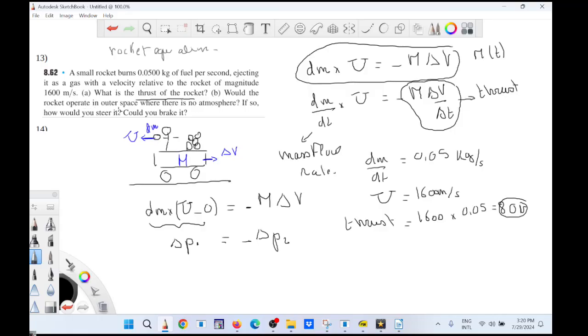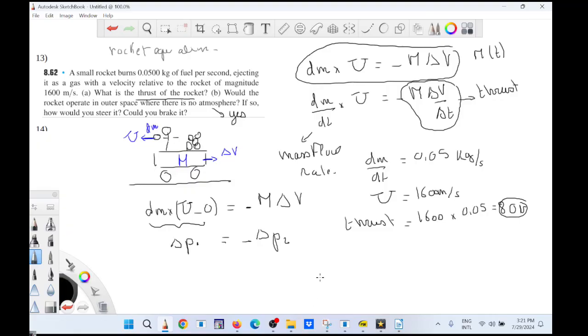So can you operate when there is no atmosphere? Yes, because you see, the rocket is pushing on the gas. When you have an airplane, it will be pushing on the atmosphere, on the air.